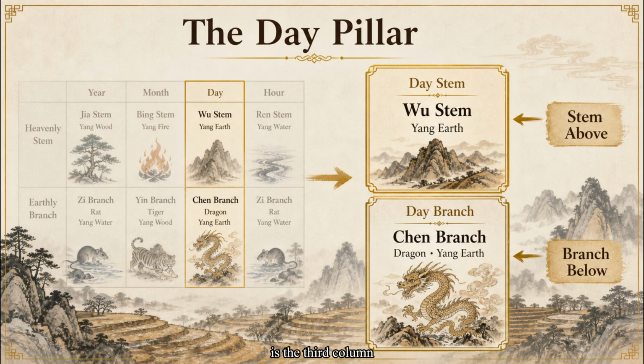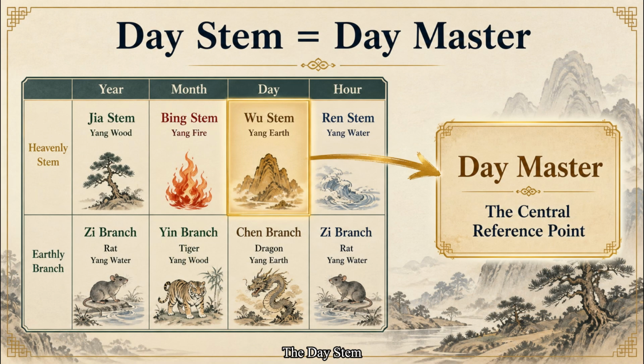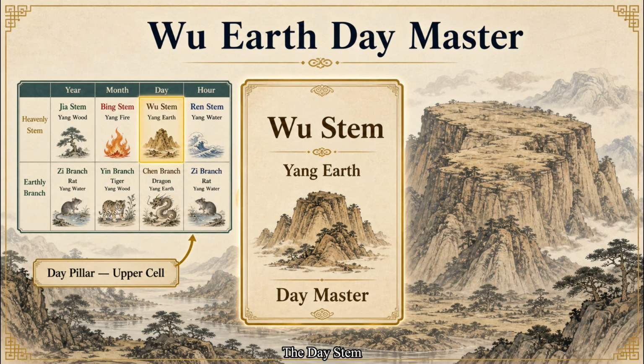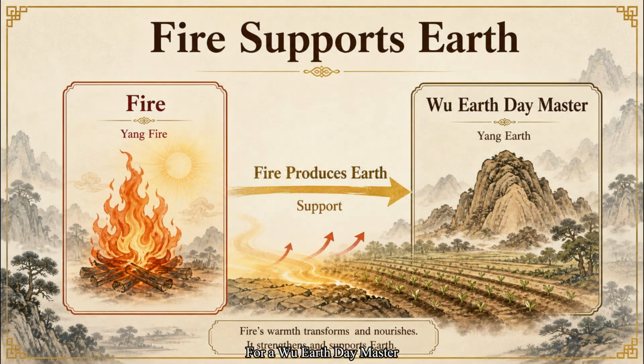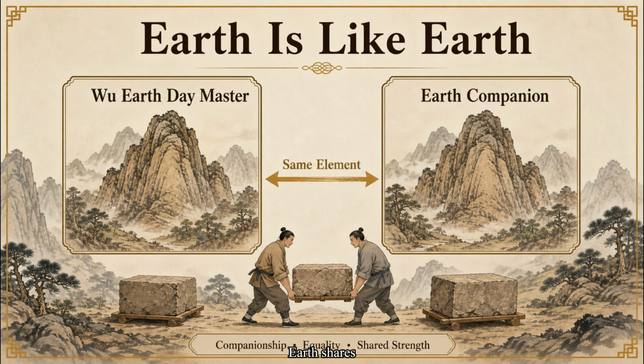The day pillar is the third column, with the day stem above and day branch below. The day stem has another especially important name, the day master. The day stem in our teaching chart is Wu, so the day master is Wu Earth. The meaning of the other 7 positions is determined by how each one relates to the day master. For a Wu Earth day master, fire produces earth, so fire represents a supporting force. Earth shares the same element as Wu Earth, so it represents a similar or companion force.